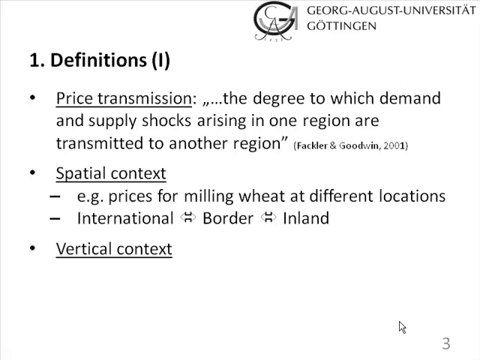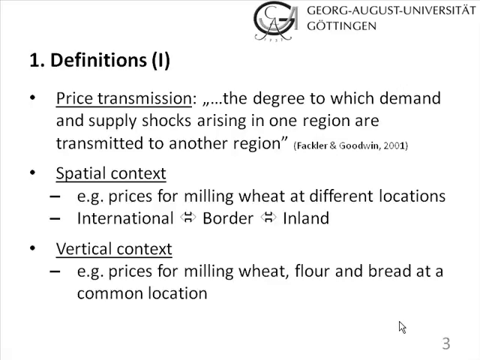The other context is the vertical context. And here we're looking, for example, at prices for milling wheat, again, as an example, but then flour and then bread. In other words, the further processed products that come from milling wheat. Okay? And we're looking at a common location.